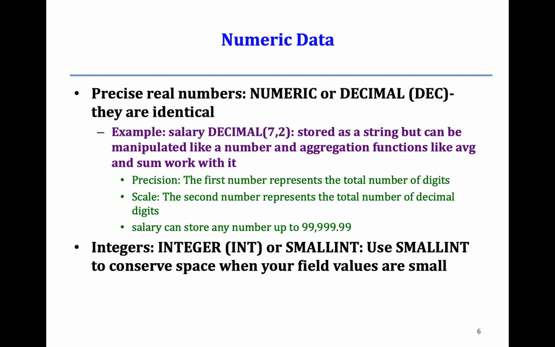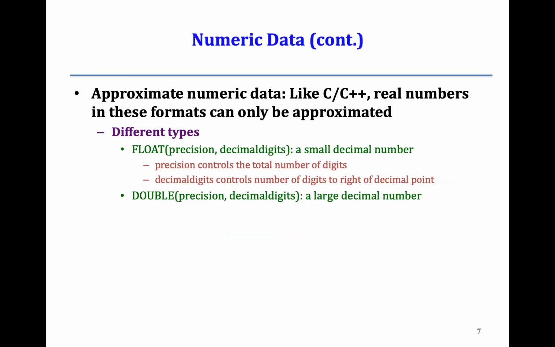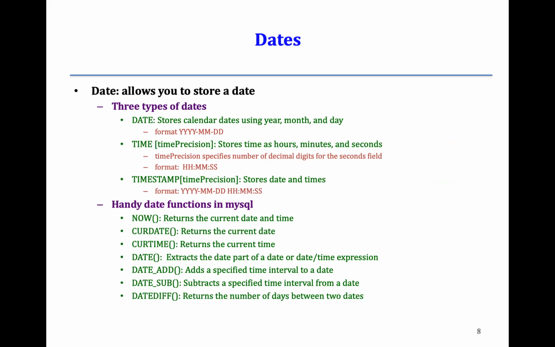Okay, so definitely not as efficient, but they will precisely store it. In contrast, if it's okay to just have approximate numbers, you can use float or double, just like you would in a conventional programming language.